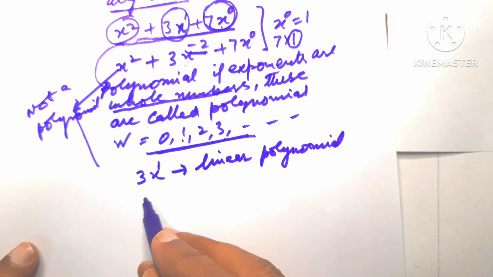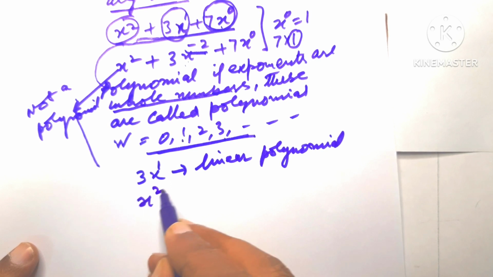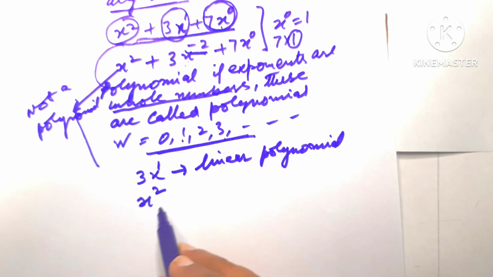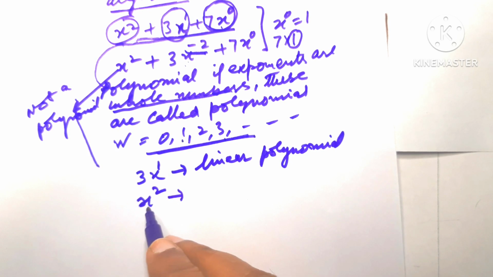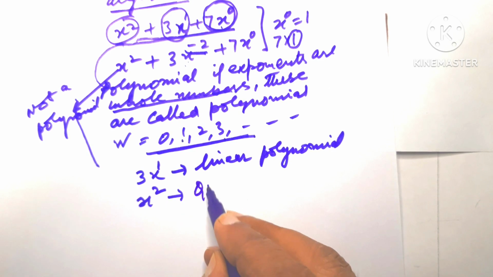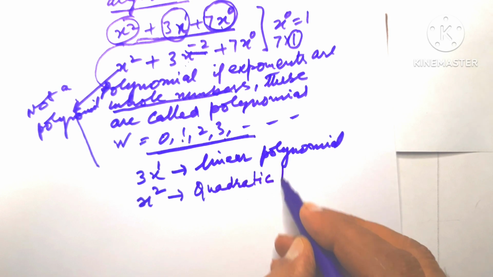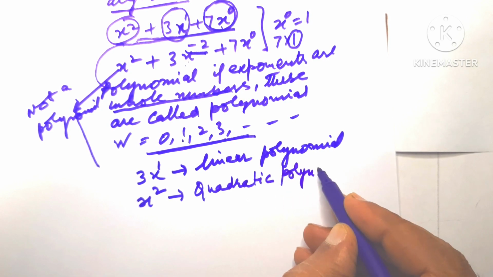And if I write x to the power 2, this is again a polynomial, and the exponent of x is 2, so this is called a quadratic polynomial.